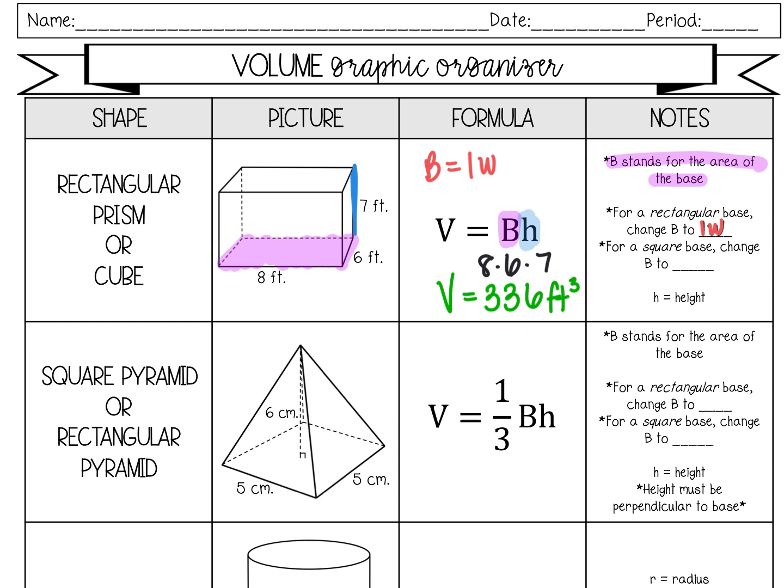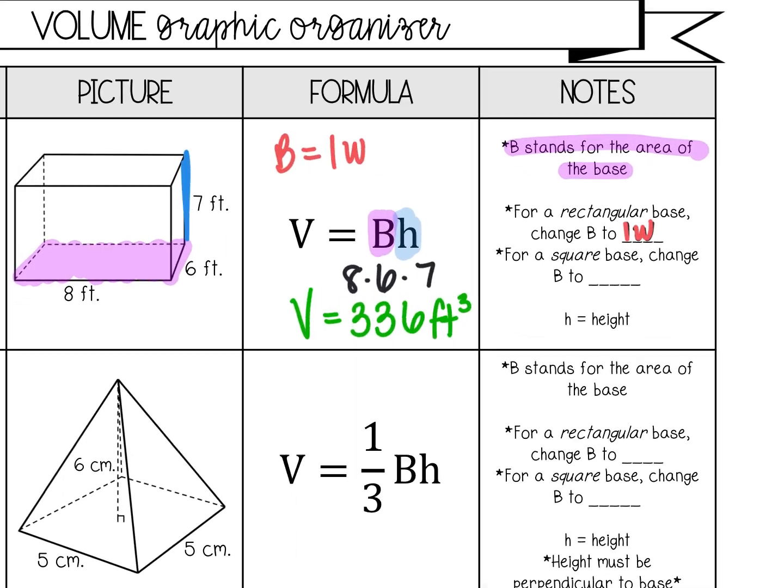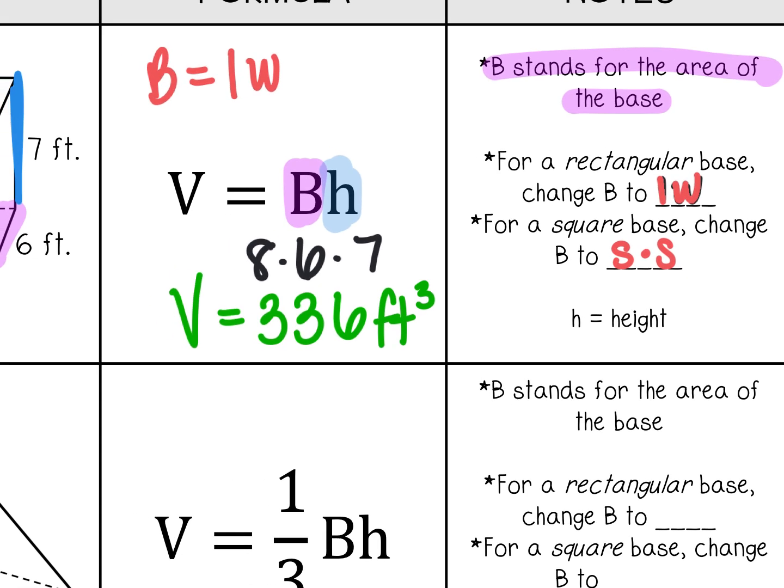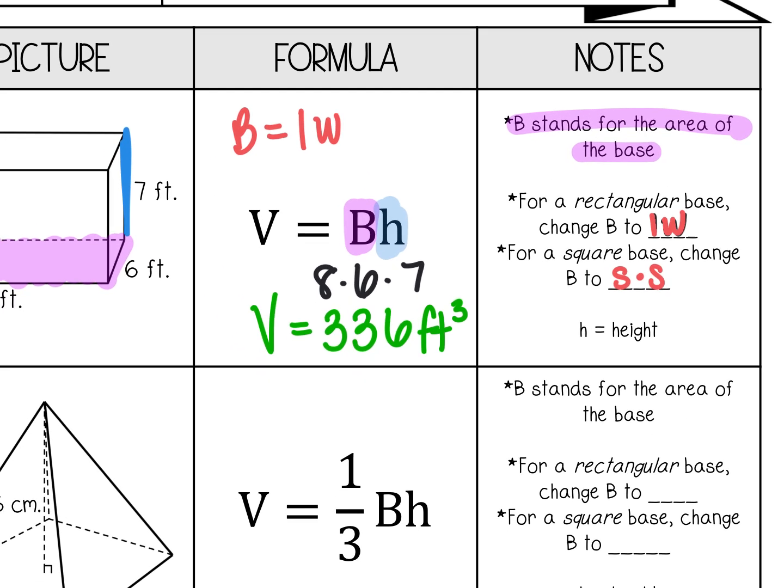All right, if we go back to the notes on the right, it says for a square base, change B to, for a square, meaning all of them have the same side, it's side times side. Side times side, and your H is for your height.